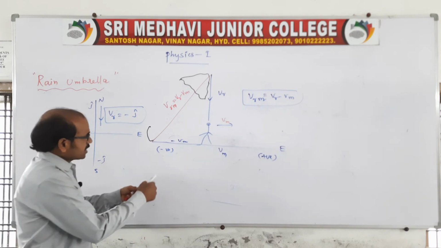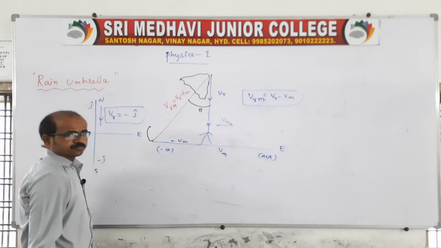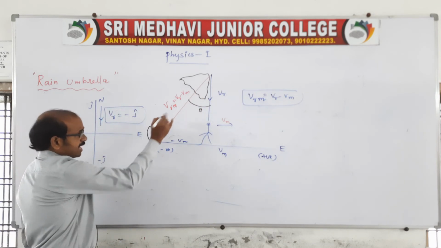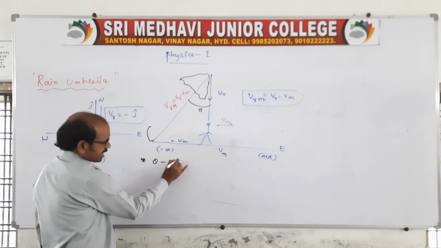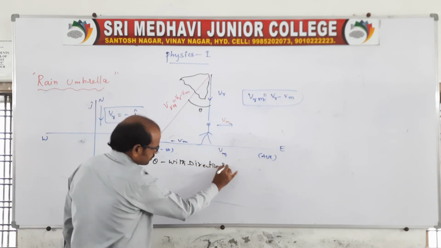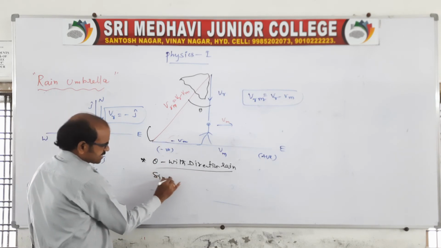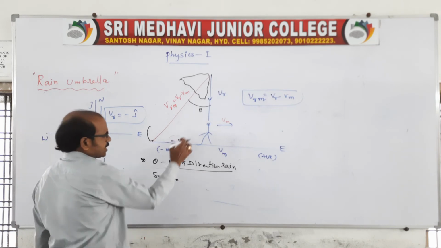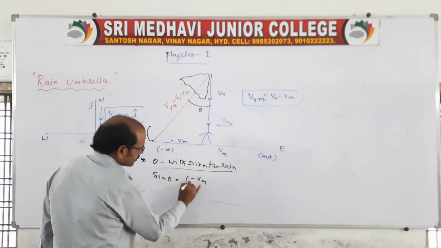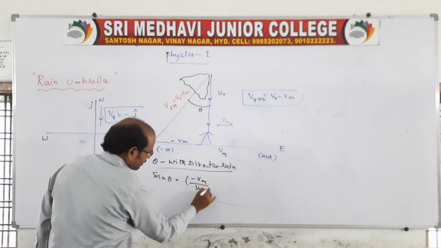Here, suppose the umbrella is making an angle theta with the direction of rain. Therefore we should write the angles here. Take sin theta: opposite is minus Vm, hypotenuse is Vrm.